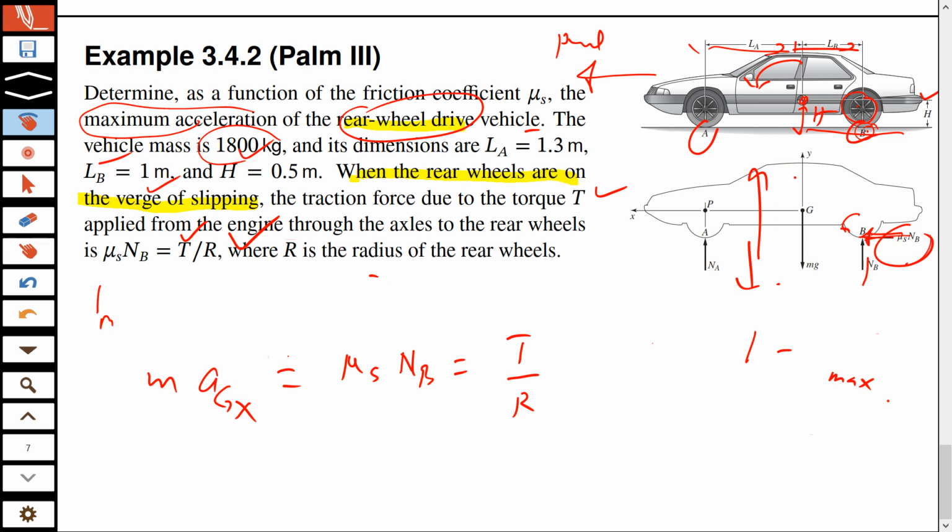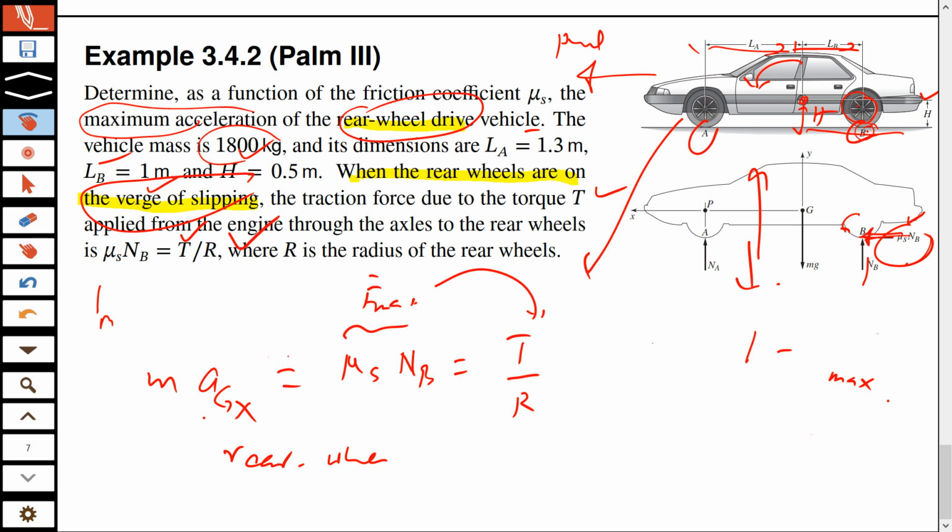So basically the car moves because of this friction. तो ये फ्रिक्शन हमने यहाँ पे मैक्सिमम फ्रिक्शन बिकॉज ऑफ द वर्ज ऑफ स्लिपिंग लगा दिया. ये सिर्फ रियर व्हील के लिए है. रिमेंबर फ्रंट व्हील पे चूंकि कोई ड्राइव नहीं है, तो फ्रंट व्हील के लिए जब आप ये इक्वेशन लिखेंगे तो यहाँ पे 0 होगा. ठीक है.